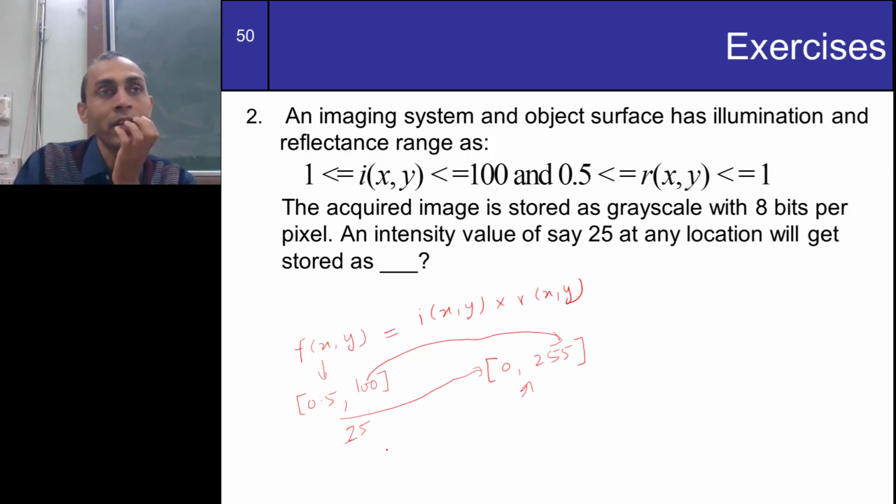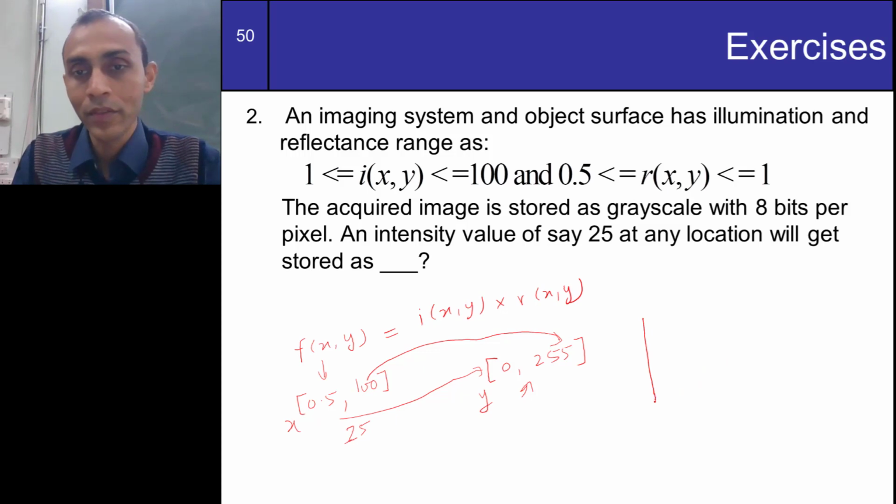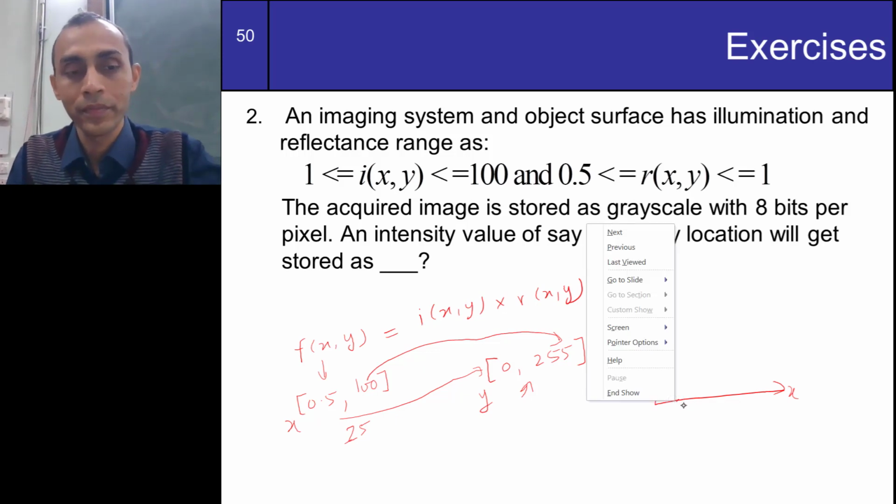So what should be the mapping function? Let us denote this as x and this as y.